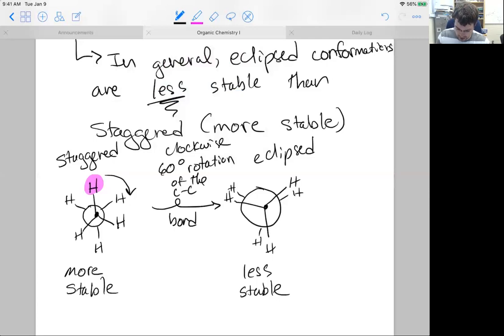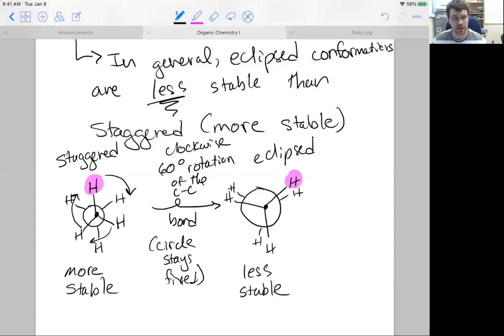So now that purple hydrogen is sticking up and to the right in an eclipse conformation. When I do that though, I have to move all of the other hydrogen atoms that are attached to the dotted carbon. The circle carbon stays fixed. It doesn't change. I could have rotated the circle carbon, but I would have to leave the dotted carbon fixed. So you could do either one, and you should be able to do either one.